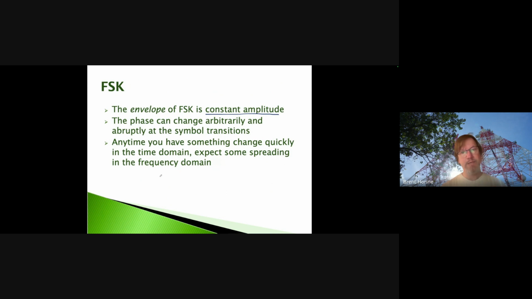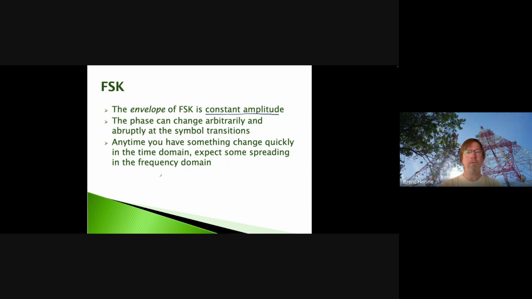Contrast that with a square wave. When you did the square wave in the time domain and you did the Fourier transform of that, what did you get as a result? Well, you got that sine x over x type shape that we saw a few slides ago, when we were looking at the orthogonality condition of FSK.